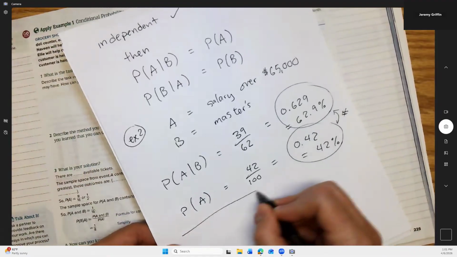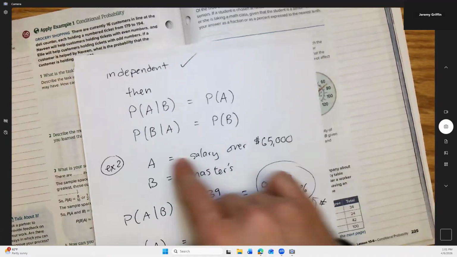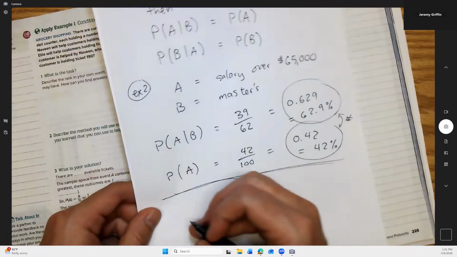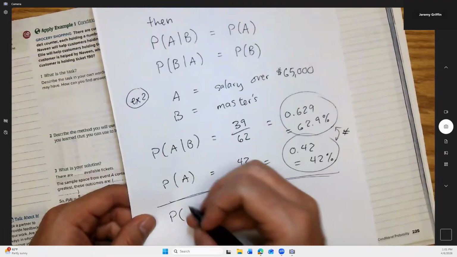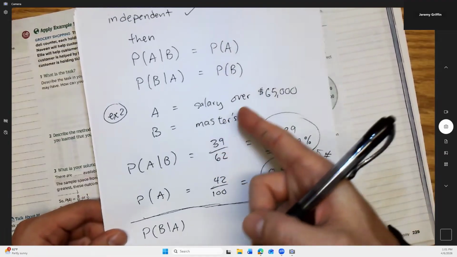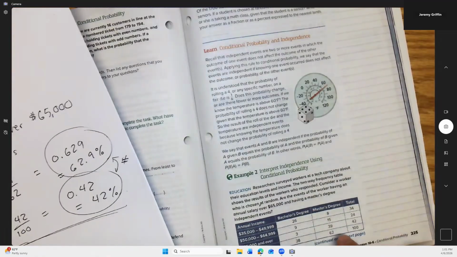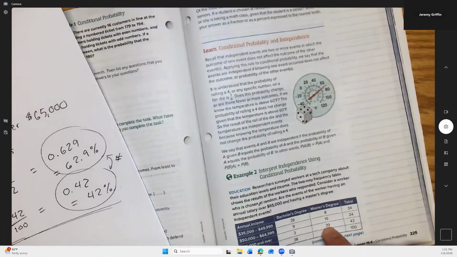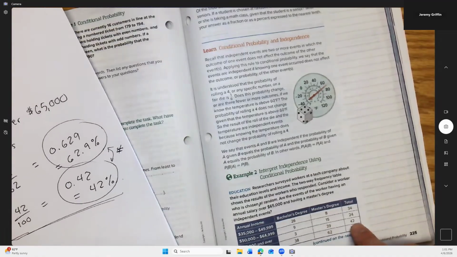Okay. Now we could also analyze this the other way too. Instead of this condition, what if we did it this way? Okay. So what's the probability of B given A? That would be having a master's given that you have a very high salary. Right. So we're looking at the same 39 people, but this time it's out of 42.